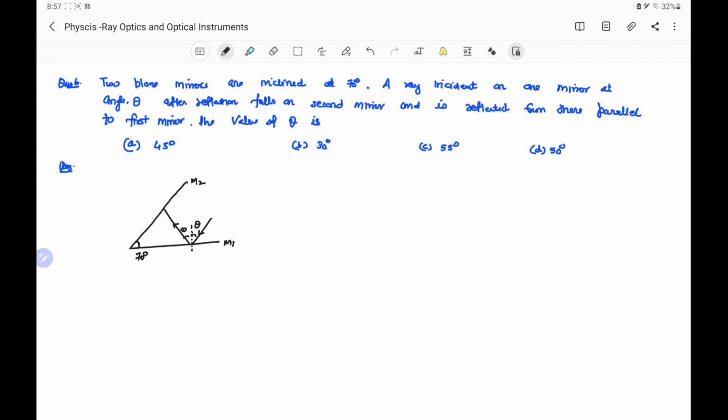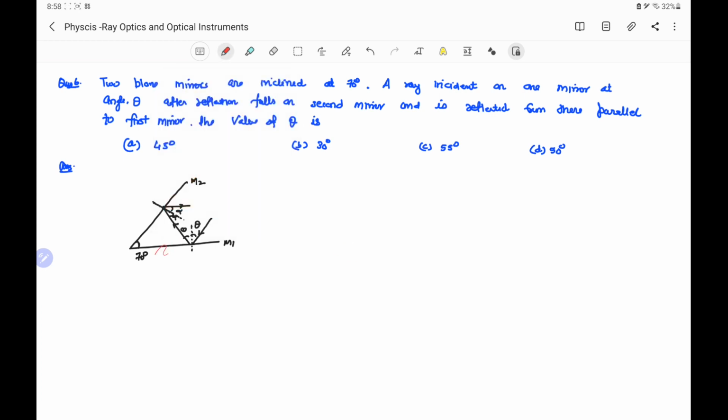This is the reflected ray. It falls on the second mirror and is reflected from there parallel to the first mirror. After reflection at the second mirror it becomes parallel to the first mirror, that is M1. So the incident ray and reflected ray at the second mirror make equal angles with the normal, suppose alpha and alpha.